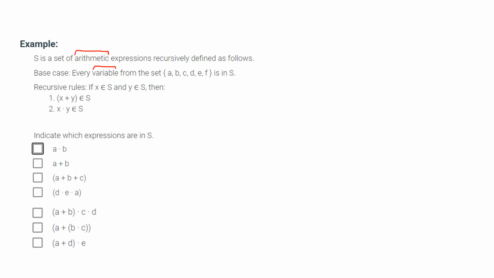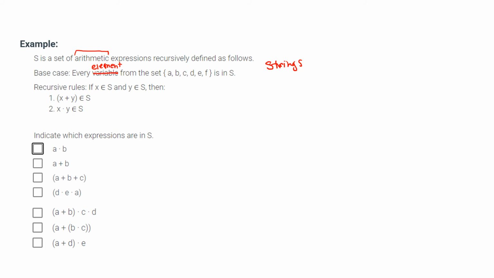These are strings. We're talking about strings, and so we're not talking about variables. We're talking about elements. Okay, every element of this set. So I'm going to cross out the word variable and say element. Every element from the set A, B, C, D, E, F is in S, okay?